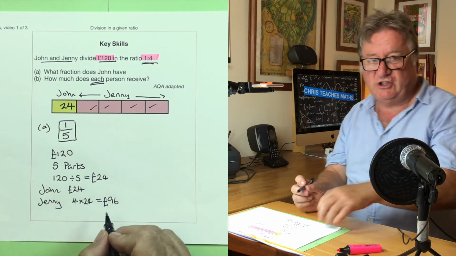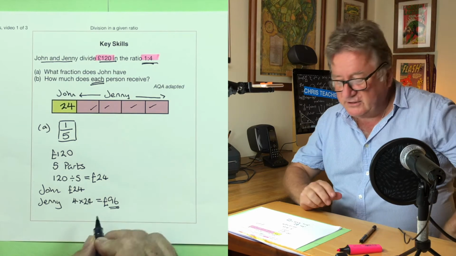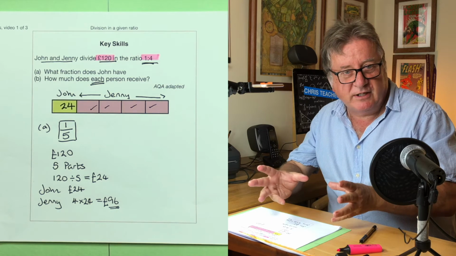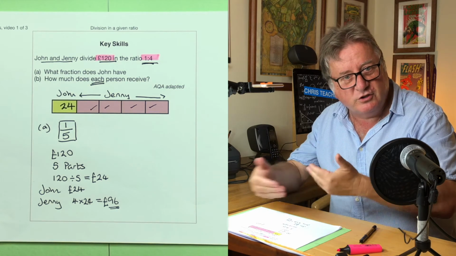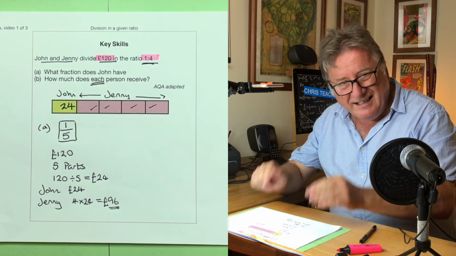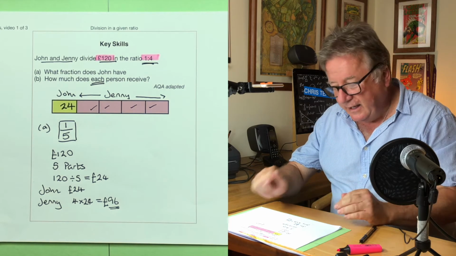John's share is £24. Now, I don't think that's a big deal necessarily. The questions we're going to move on to get trickier, but the bar is really helpful. It helps us visualize. Remember also thinking of the fraction. There we go. We'll get ready for our next question.